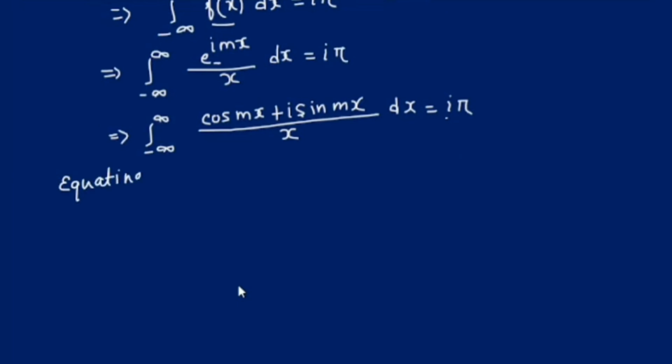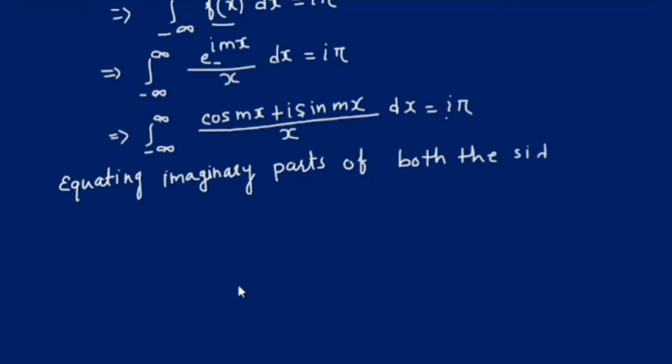So equating imaginary parts of both the sides, we'll get the integral from minus infinity to plus infinity of sin mx divided by x dx is equal to pi.